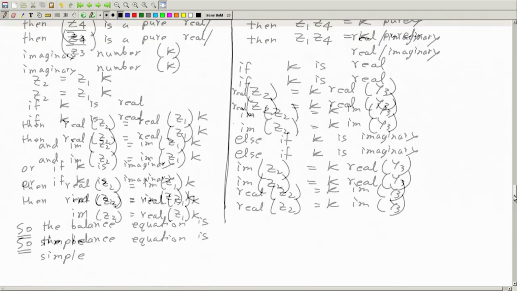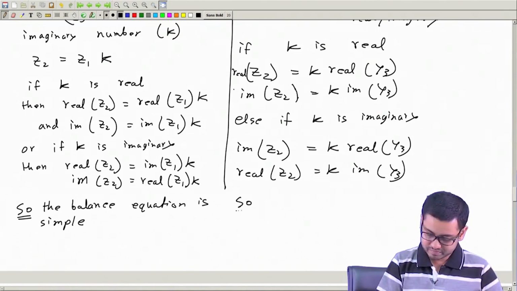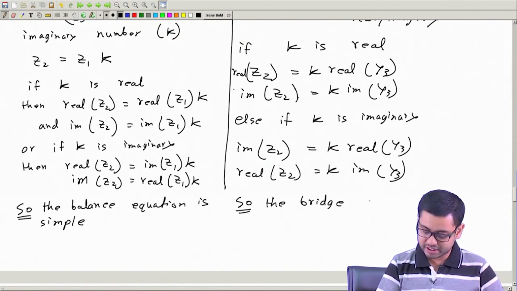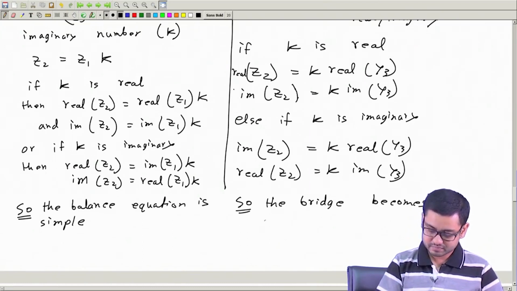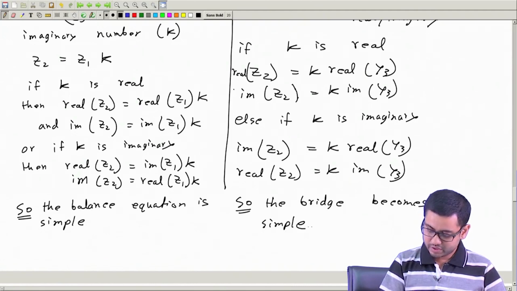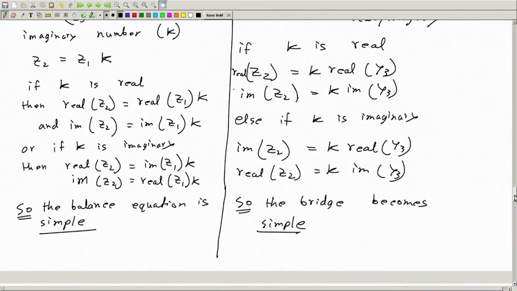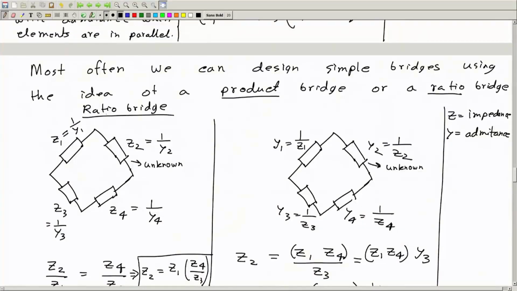Once again, the balance equation becomes simple. So, these are the two forms of bridge. This we will call the ratio bridge, this we will call a product bridge.